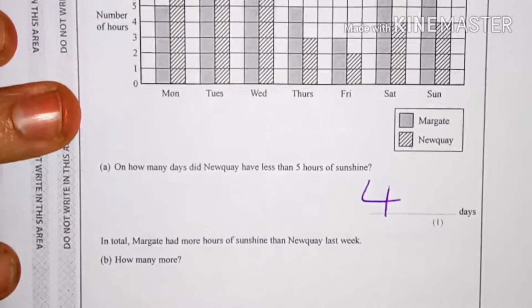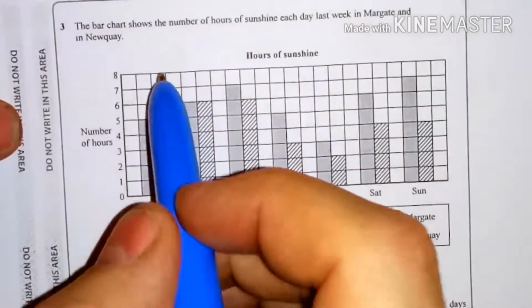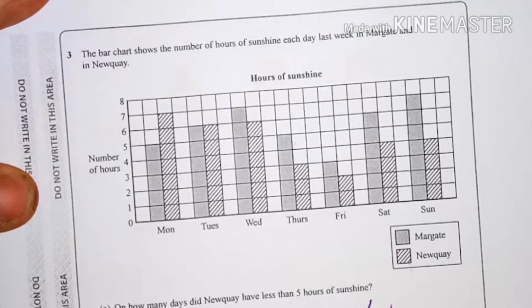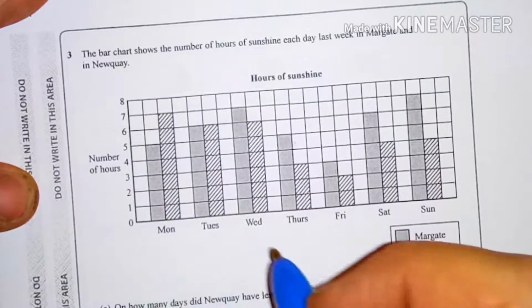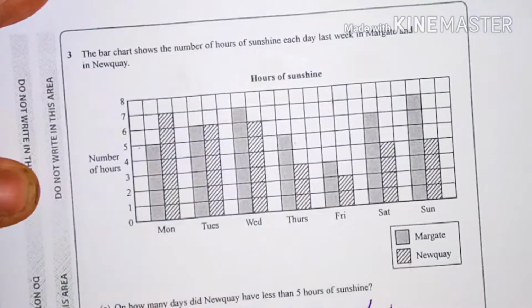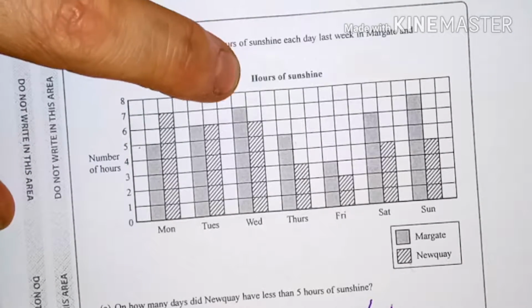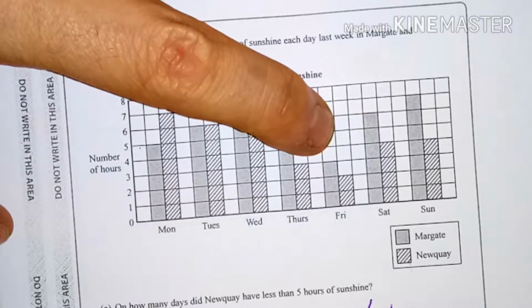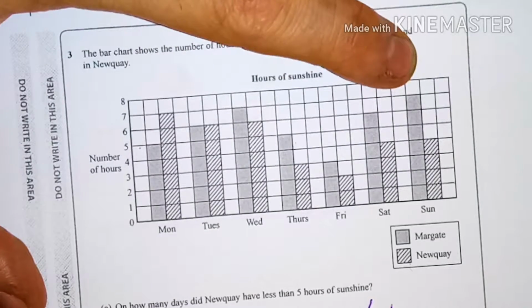Okay, next question. In total, Margate had more hours of sunshine than Newquay last week. How many more? So what it's really doing is asking you for the actual gap. Make sure it does say Margate had more than Newquay. So let's add up how much Margate had. So it's 5 plus 6 plus 7 plus 5 plus 3 plus 6 plus 7.